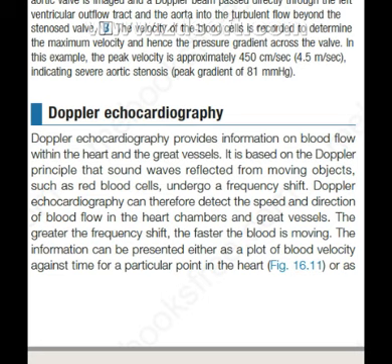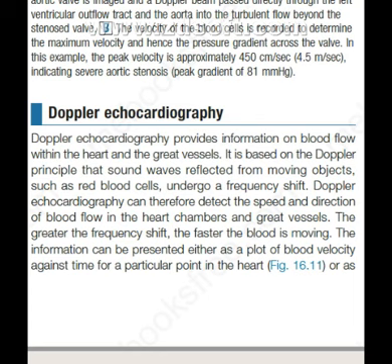Now, Doppler echocardiography. Doppler echocardiography provides information on blood flow within the heart and the great vessels. It is based on the Doppler principle that sound waves reflected from moving objects, such as red blood cells, undergo a frequency shift.